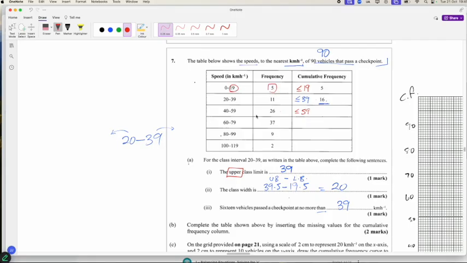The people doing 39 kilometers or less, that is this 11 plus this 5, so that is 16. The people doing 59 or less will be the 26 plus the 16. So the 16 plus the 26 will give you all of the people doing less than 59.